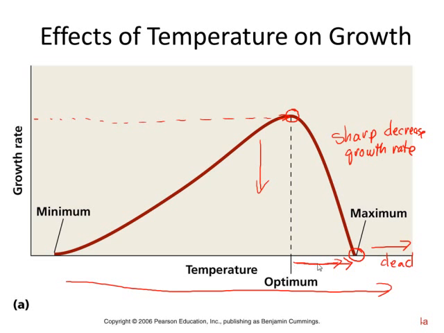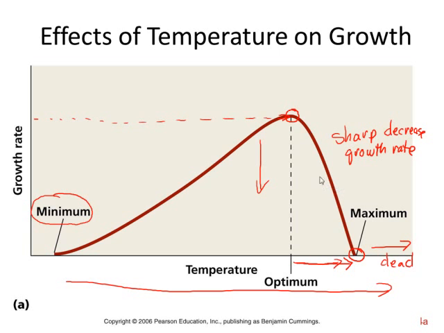Notice again, it doesn't take much deviation to reach maximum. Notice as we deviate colder than the optimal temperature, it takes a large deviation in temperature to reach the minimum growth temperature. So cells can withstand changes in temperature on the cold side of optimal. However, on the warmer than optimal side, we see a sharp decrease.